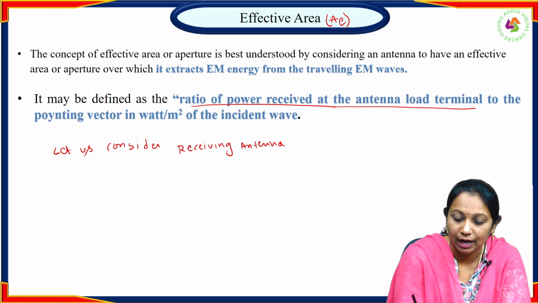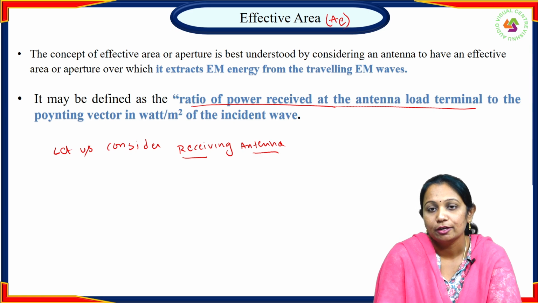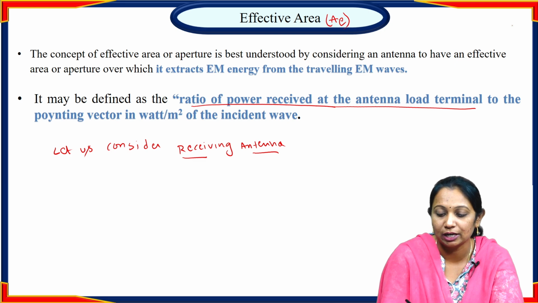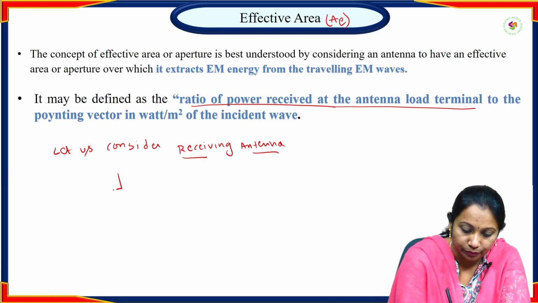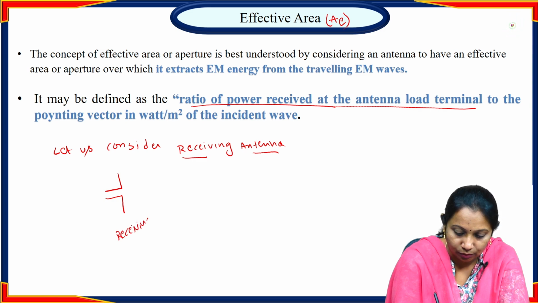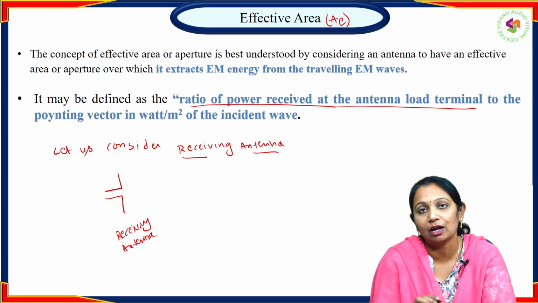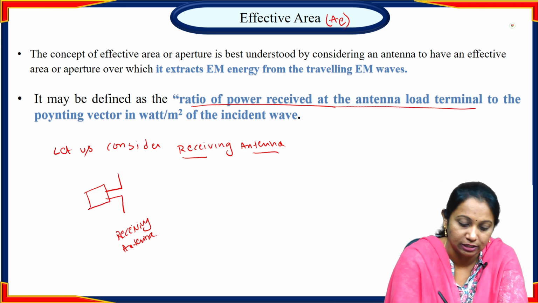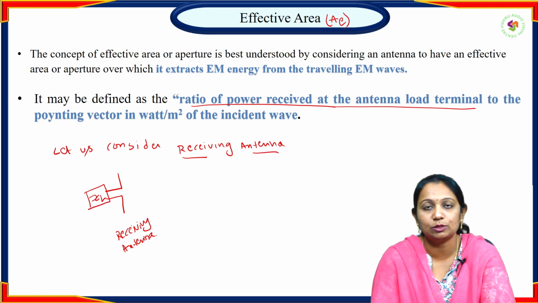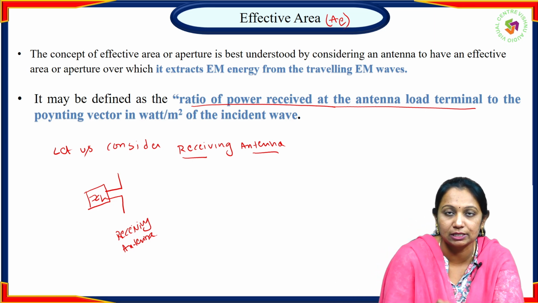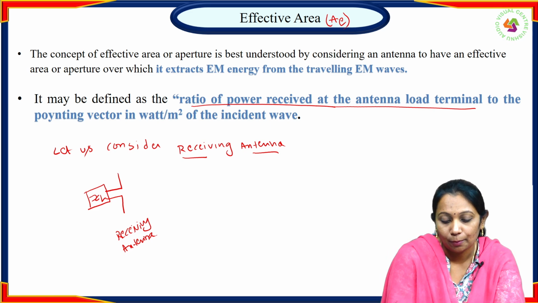To define that, I am going to consider the receiving antenna, terminated with a load impedance at its terminals. So the power received at the antenna load terminals is the parameter, taken with respect to the pointing vector.